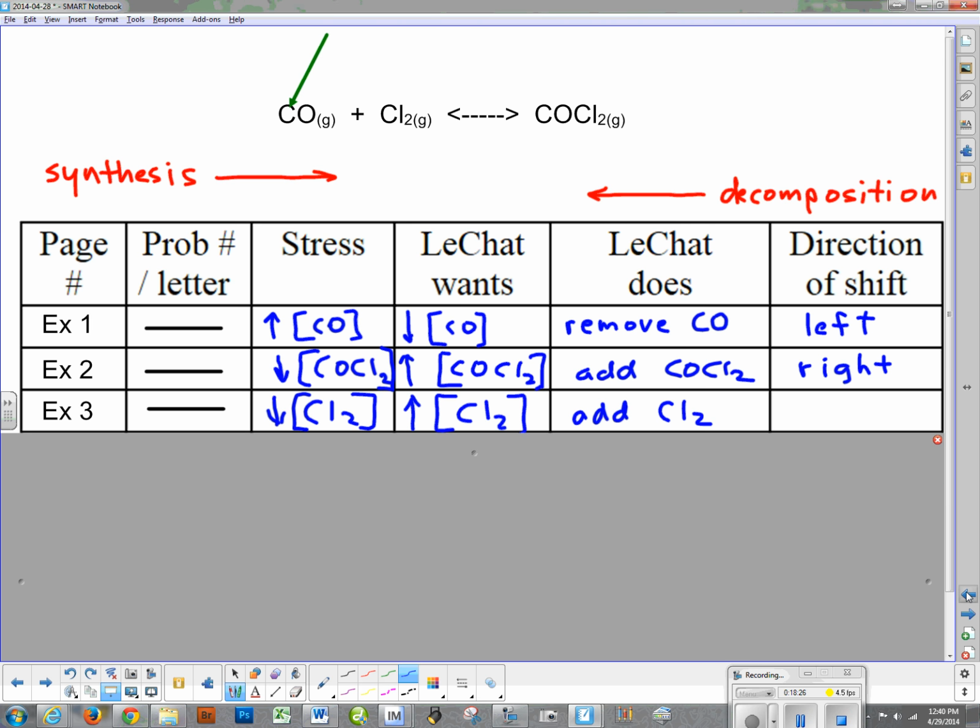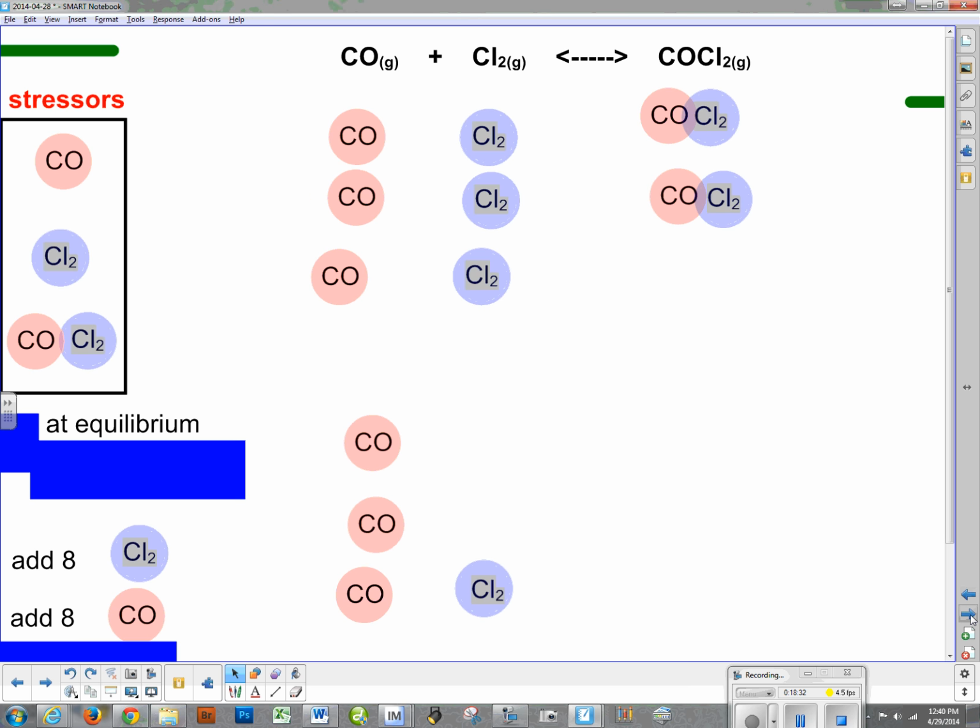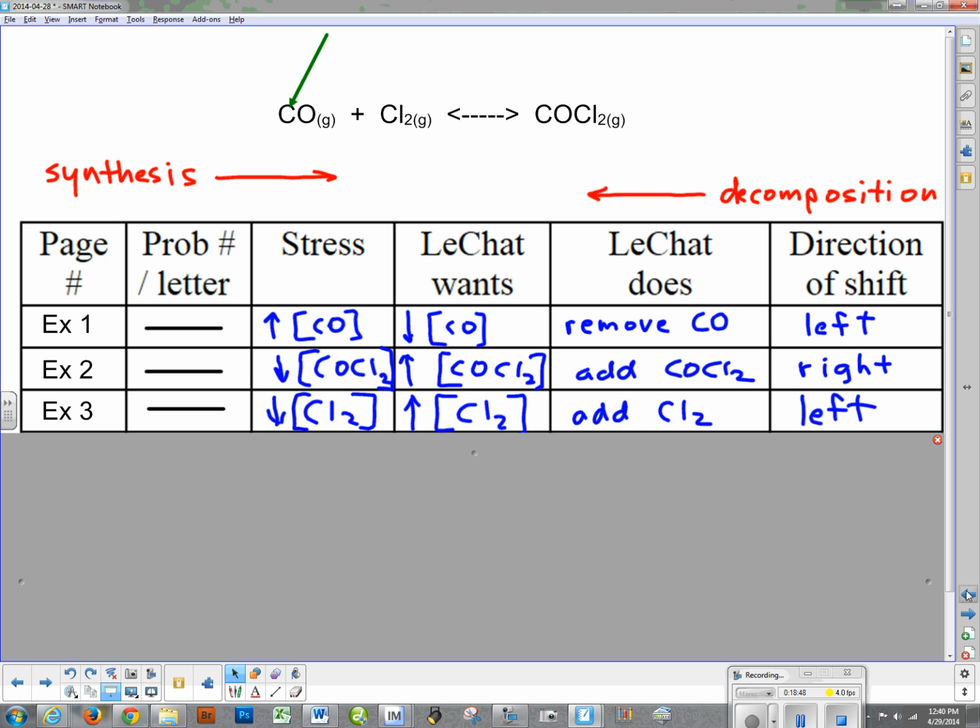We had a left-hand shift. The left-hand shift because we were taking stuff off of this side. Remember, we had a COCl2 here, and we took them apart to make more Cl2. And that is why we had a left-hand shift.